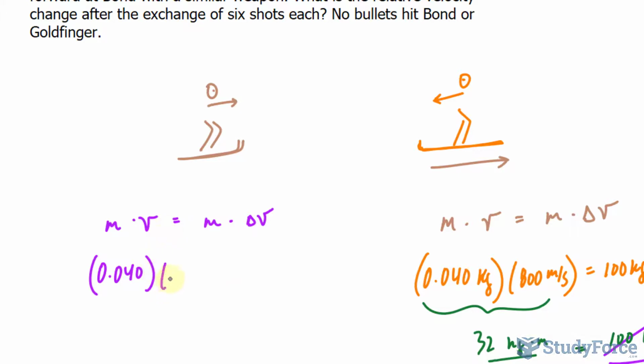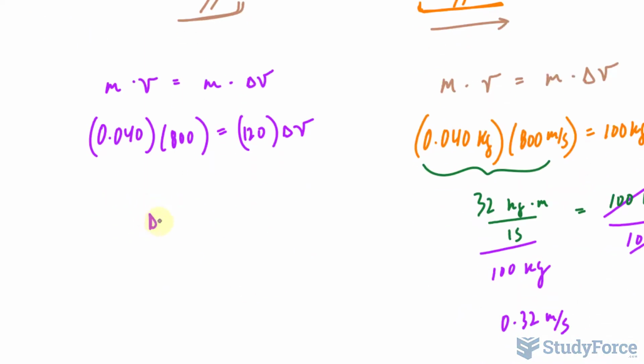The velocity of those bullets are also the same, is equal to his mass of 120 times delta v. Solving for delta v the exact same way as we did here, you should get 0.26 meters per second. Notice the difference in velocity between the two calculations is due to the mass difference between the two characters.